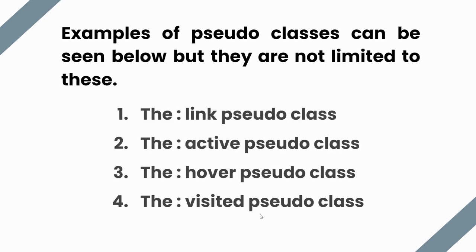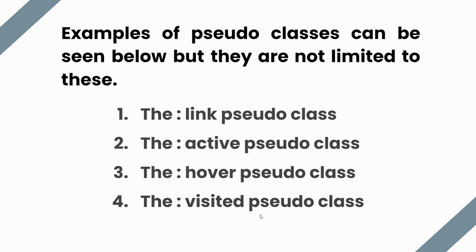So here we'll be seeing the examples of pseudo classes we have in CSS, which can be seen below, but they are also not limited to this number. From my own understanding, pseudo elements and pseudo classes are actually a lot. In fact, they are probably almost the same number.